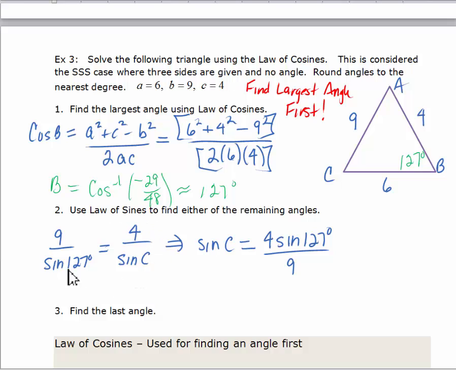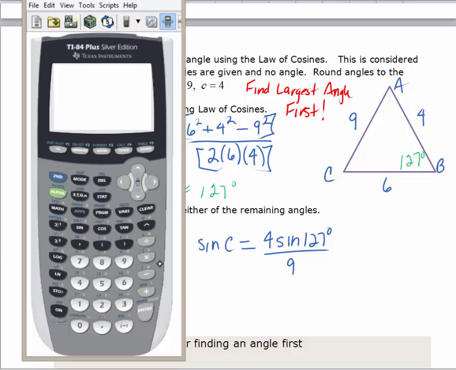So after setting up our ratios, we have the sine of C is equal to 4 sine 127 over 9. We'll use our calculator to do inverse sine of 4 sine 127 divided by 9.